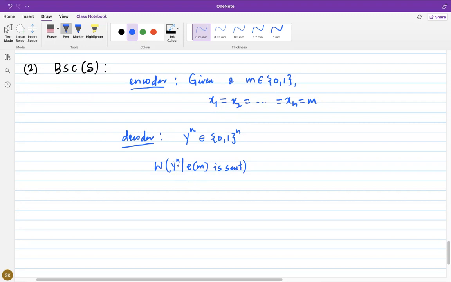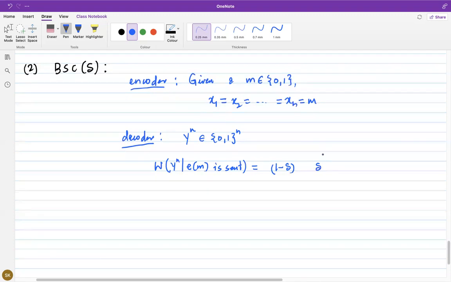So whatever Y^n you receive, which is a binary vector of length n, you just count the number of times you get the original message m, and the number of times you don't get the original message m. If the message is 0, then you count the number of times you get 0. That means you do not flip the value of 0, with probability 1 minus delta, and you flip things with probability delta.